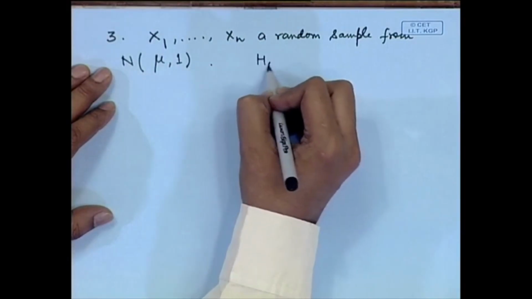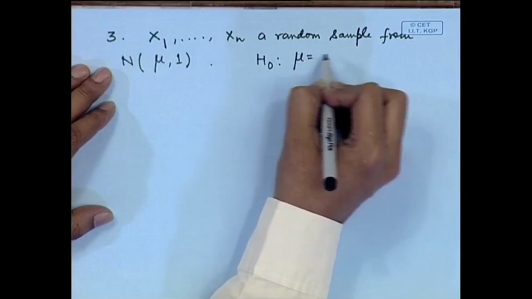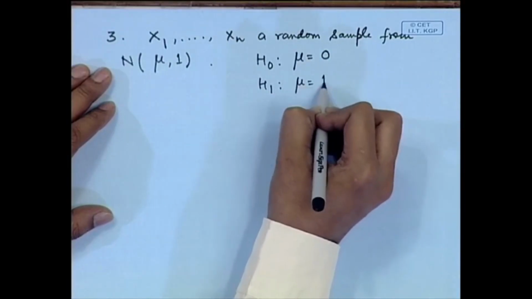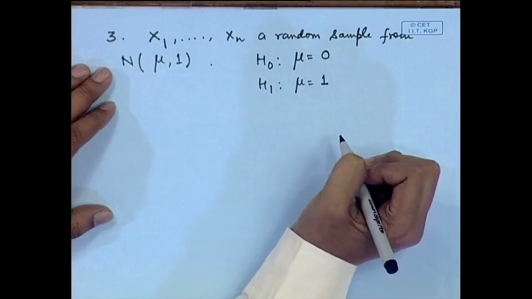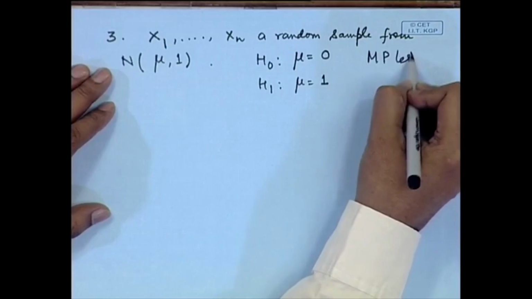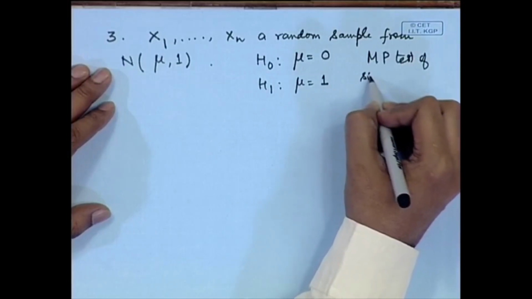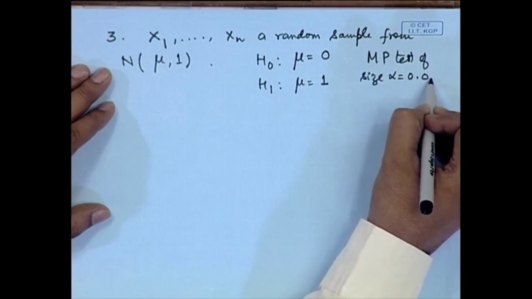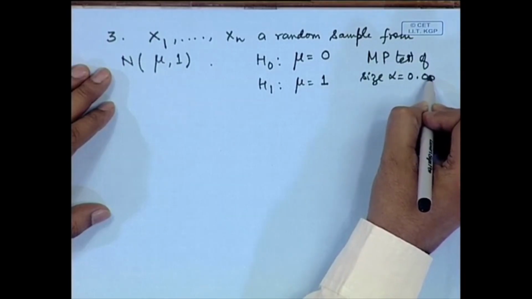We want to test the hypothesis, say, μ is equal to 0 against, say, μ is equal to 1. We want the most powerful test of a certain size, say α is equal to 0.05.